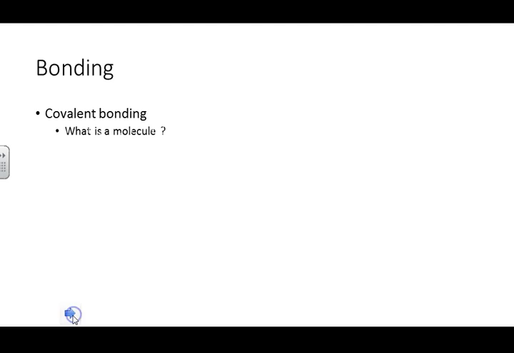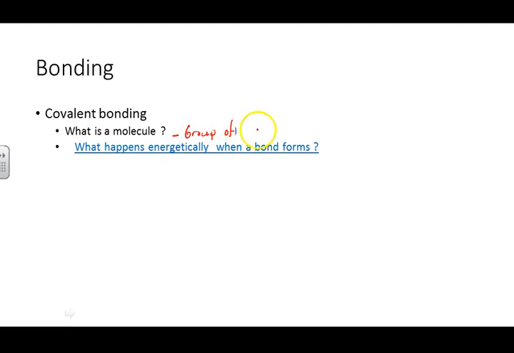So let's look at covalent bonding. What exactly is a molecule? A molecule is a group of covalently bonded atoms. But what actually happens energetically when a chemical bond forms?